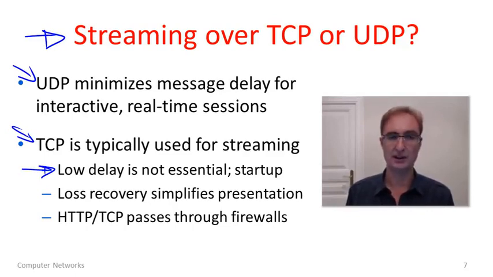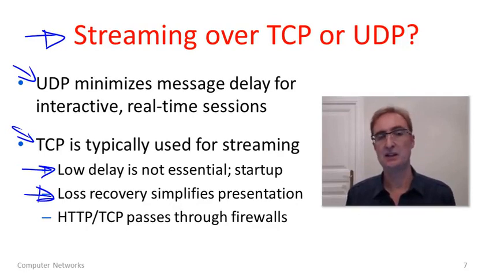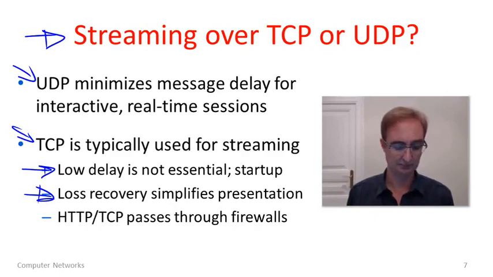But, as long as it's fairly low, it'll be okay. It has the benefits that loss recovery is simplified. TCP is handling the loss recovery, so we don't have to worry about it as part of presenting the media. So we'll never have to skip over some missing slides in the presentation or fill in a little bit of audio with just some white noise or something like that.